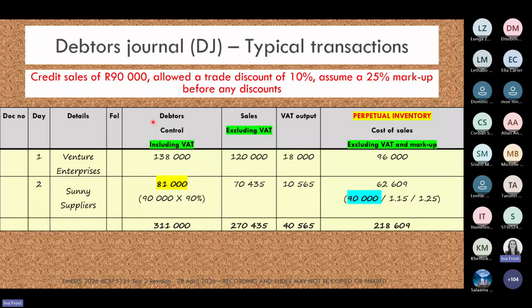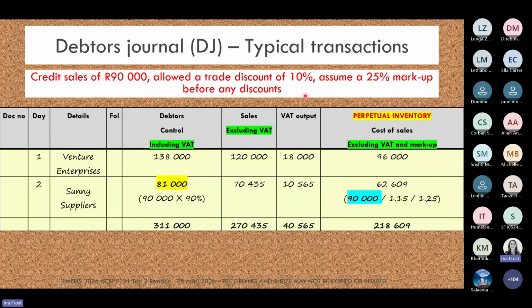So you can see in my debtors control column, I'm not using the 90,000. I'm using the 90,000 minus the 10% discount. So in the debtors control column, I'm recording the amount net of the discount.